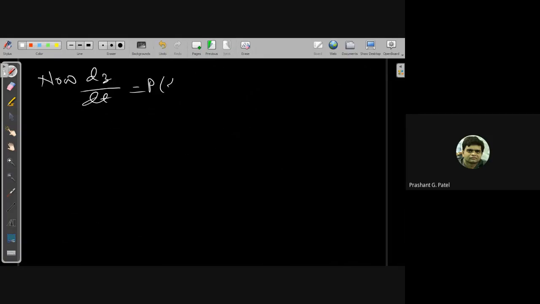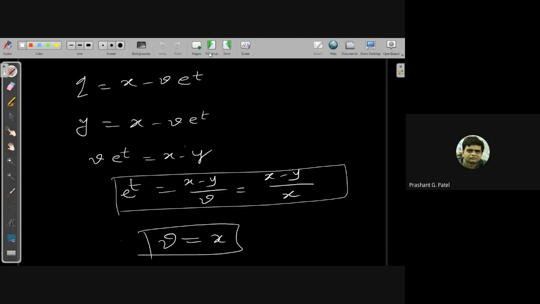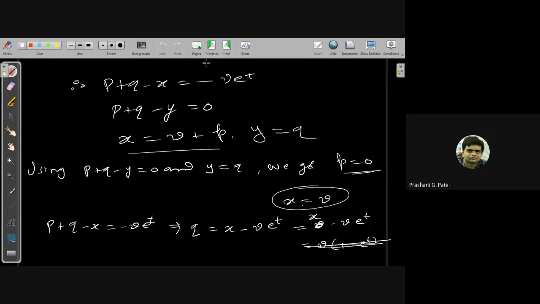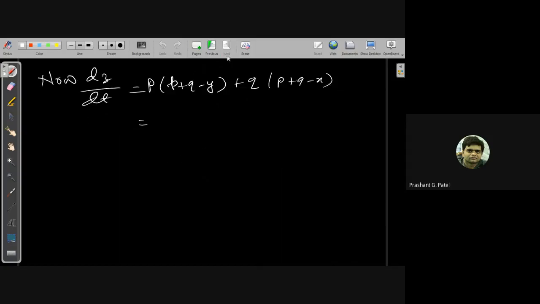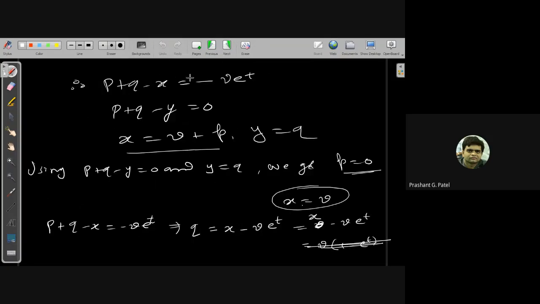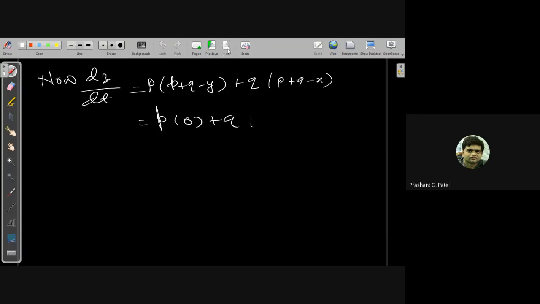So it is p into p plus q minus y plus q into p plus q minus x. We'll substitute all the values of p and what we got. See, p plus q minus y, we already have 0 here. So this is p into 0 plus q. P plus q minus x is minus v e power t. So it is minus v e power t.